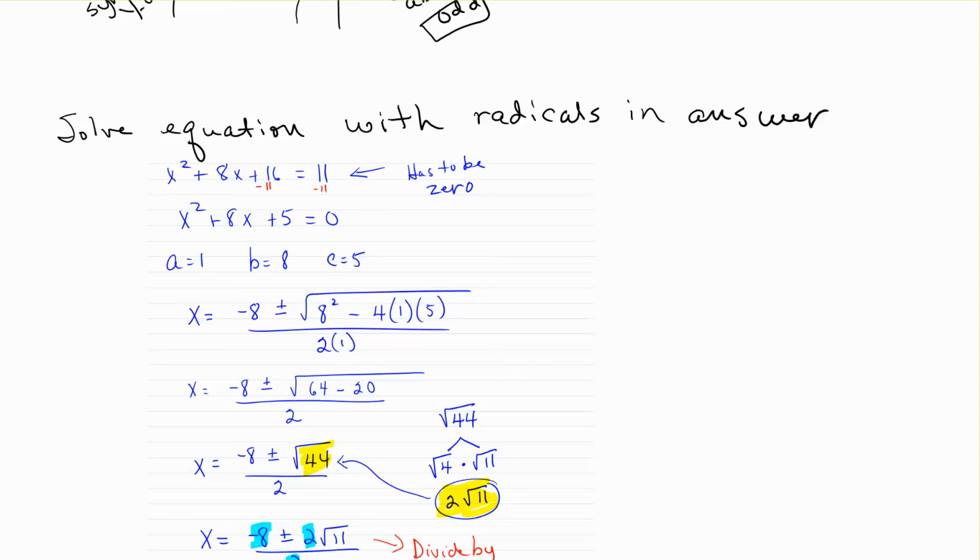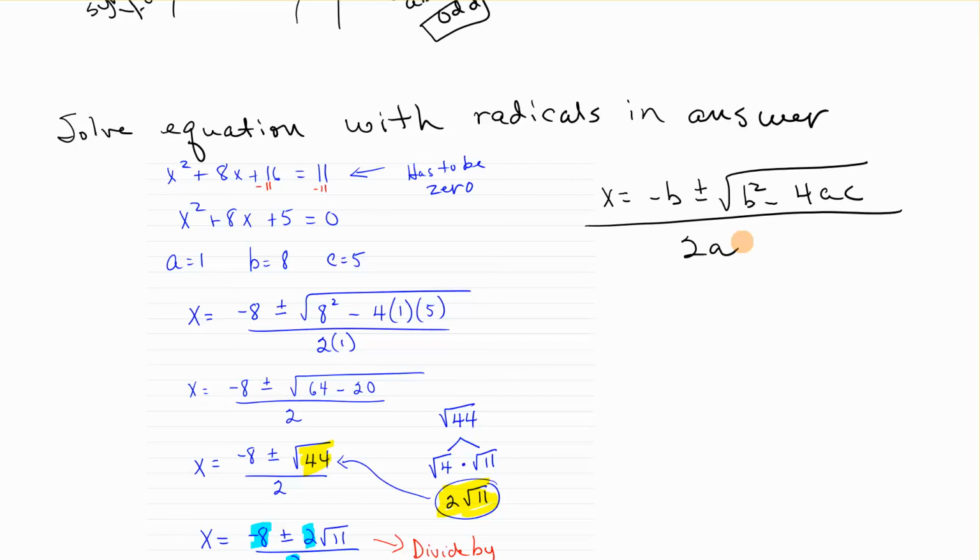All right. Then you have to remember the quadratic formula. And that is x equals negative b plus or minus square root of b squared minus 4ac all over 2a. Your a, b, and c are the coefficients. So right here we have a 1, an 8, and a 5.